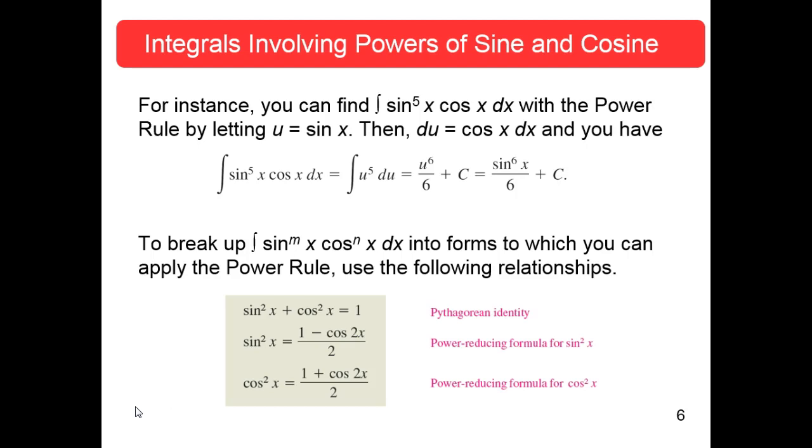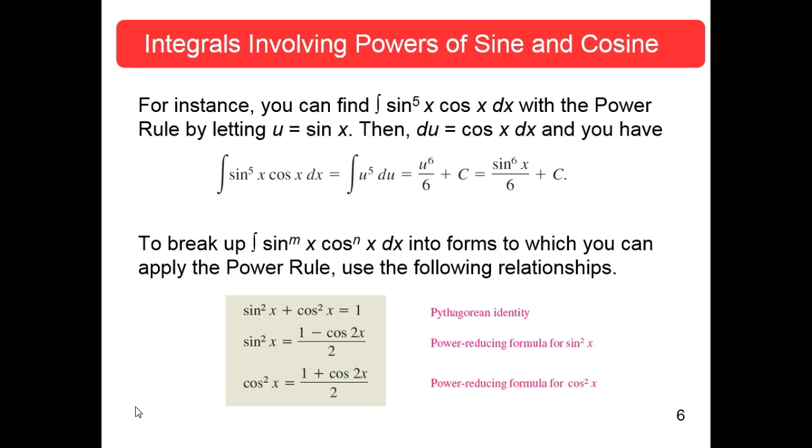Now, this one in some small way comes out of that. Do you want to see how it comes out? If that helps you remember it. If you don't, you just want to have the answer, well, here's the answer. They call these power reducing formulas for sine squared and cosine squared.